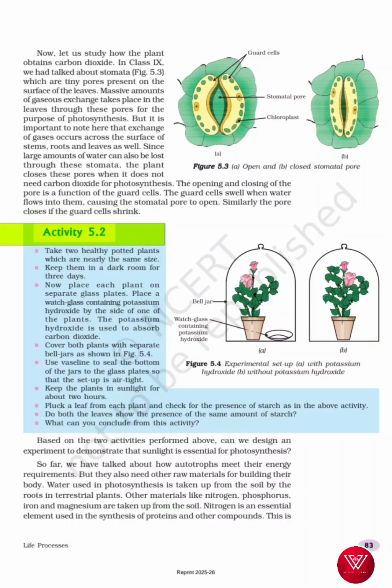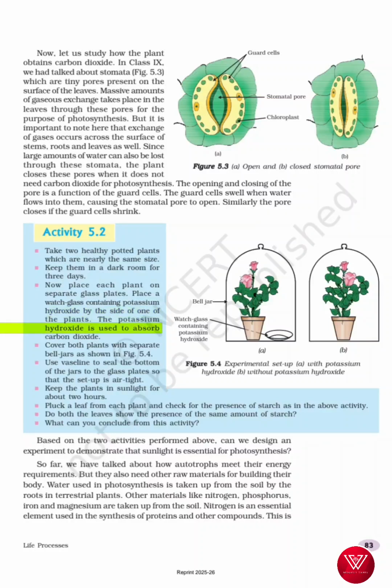Activity 5.2. Take two healthy potted plants which are nearly the same size. Keep them in a dark room for 3 days. Now place each plant on separate glass plates. Place a watch glass containing potassium hydroxide by the side of one of the plants.